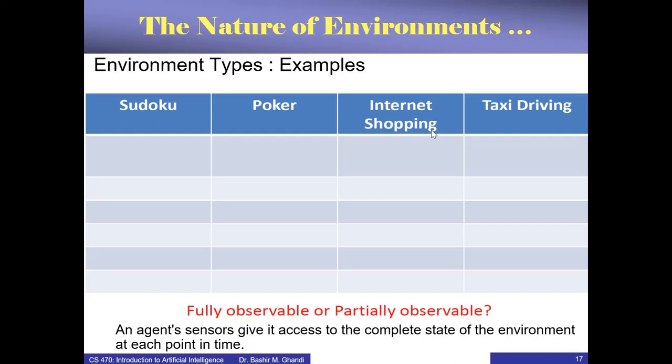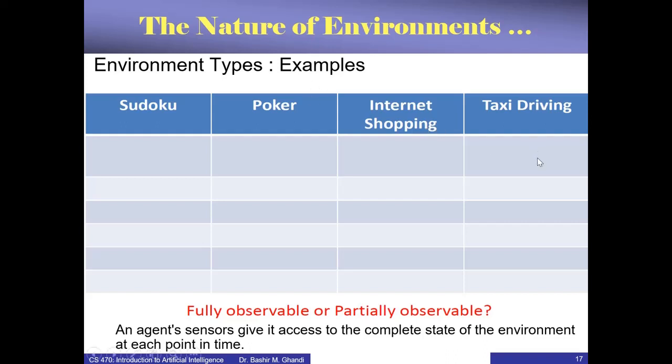You cannot see other items at that same instant. Okay, you have to move to the next screen, and so on. Maybe when you left the other screen, by the time you go to the next one, another shopper may have bought that item, so that item is no longer available. So anyway, clearly this is not fully observable. You can only see a portion of the items at one point.